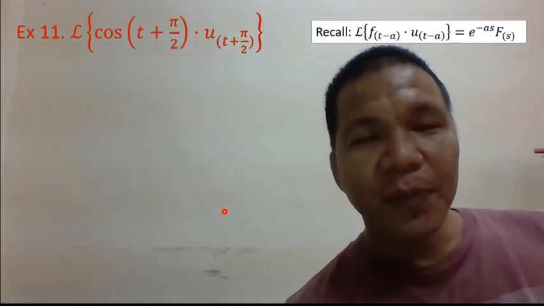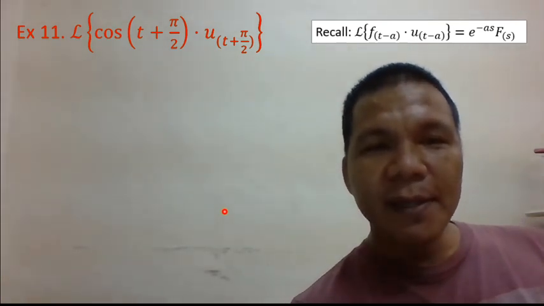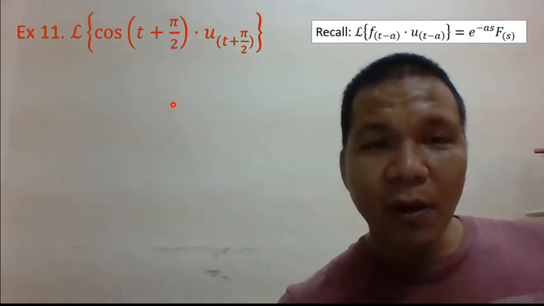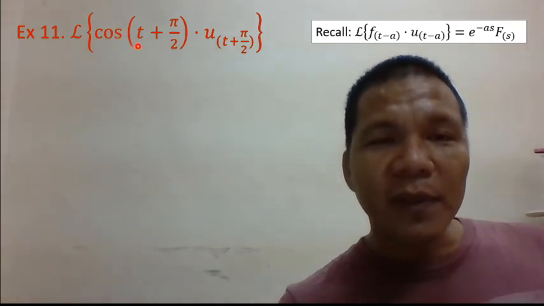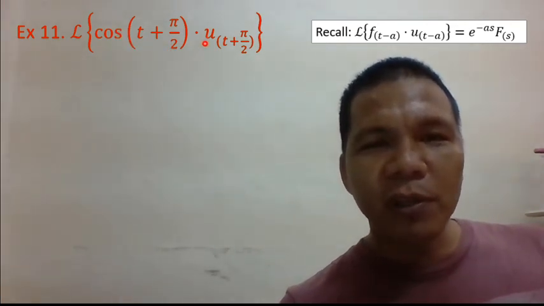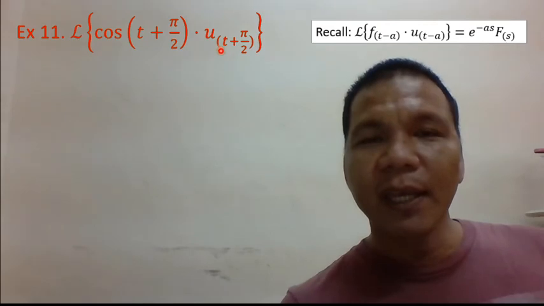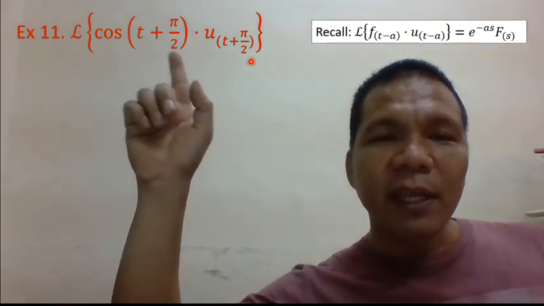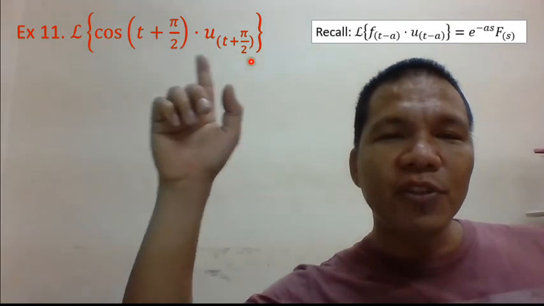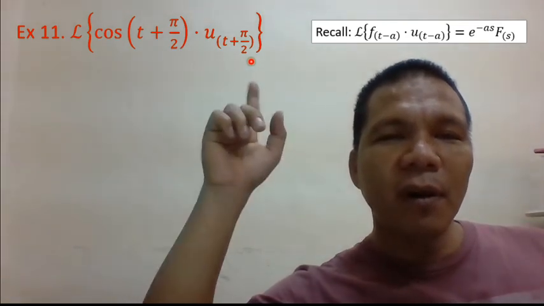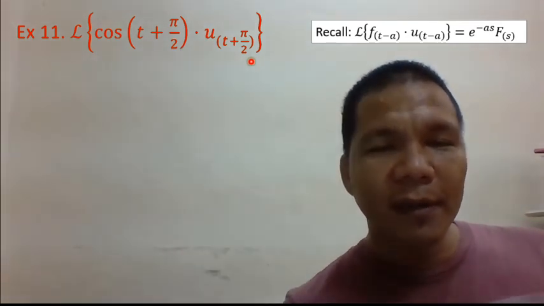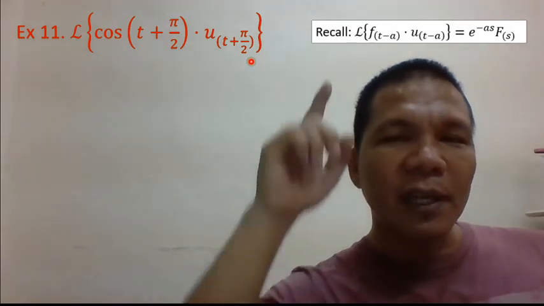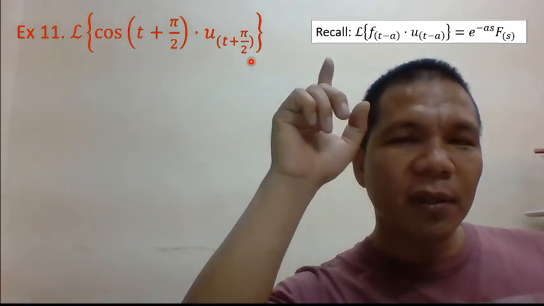This time, we are going to find the Laplace transform of the cosine of t plus pi over 2 multiplied by u sub t plus pi over 2. If you will notice, the amount of shift of the two functions is equal, meaning we can directly use this equation.